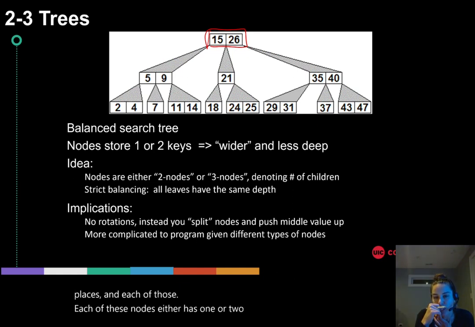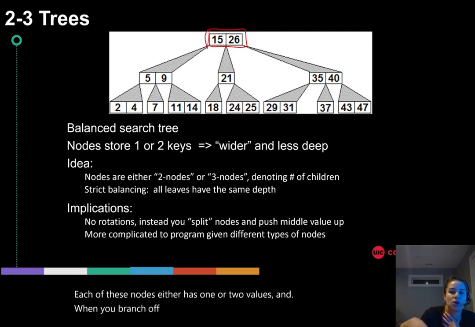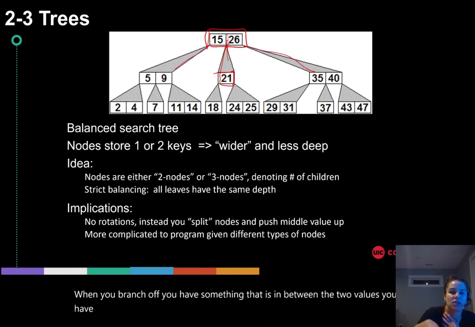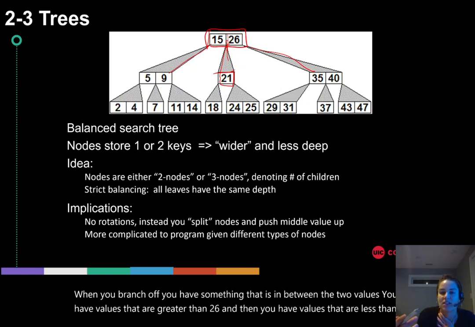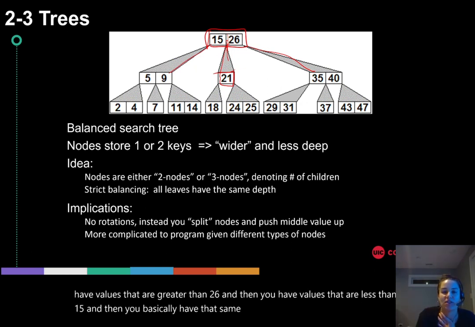When you branch off, you have something that is in between the 2 values, values that are greater than 26, and values that are less than 15. And then you basically have that same thing in every case.